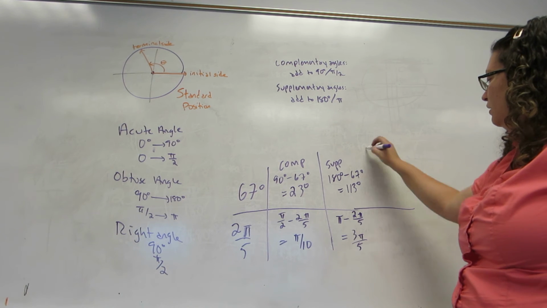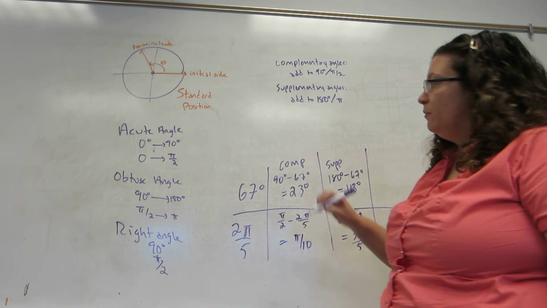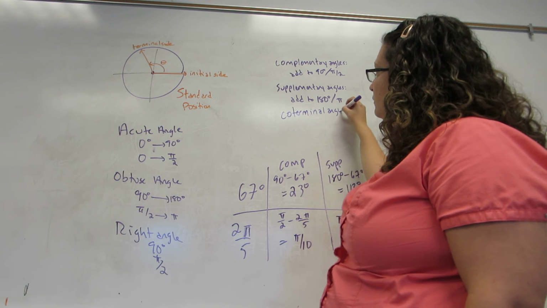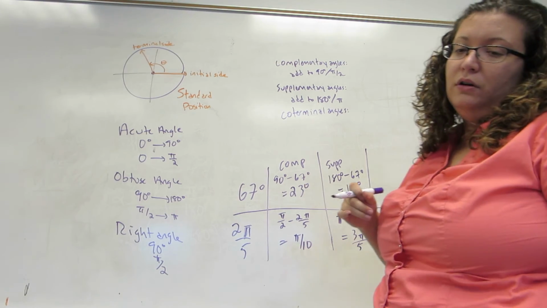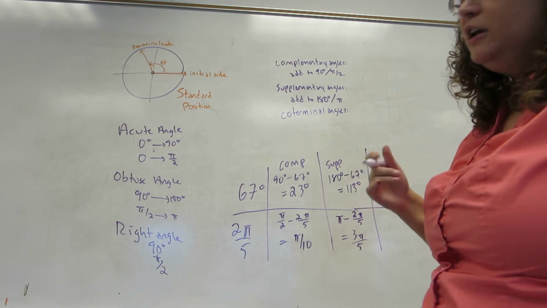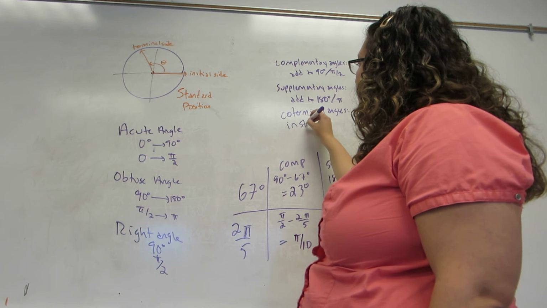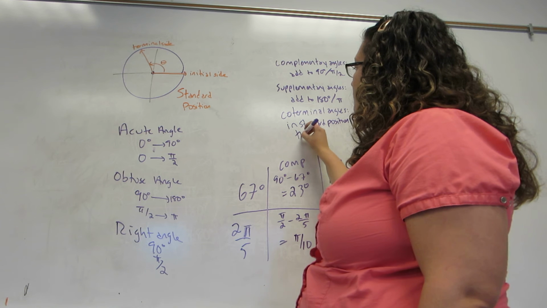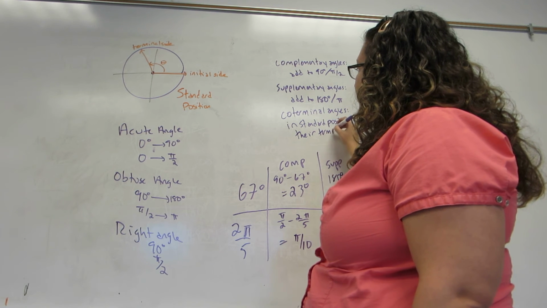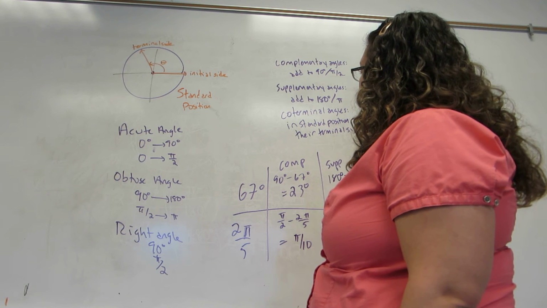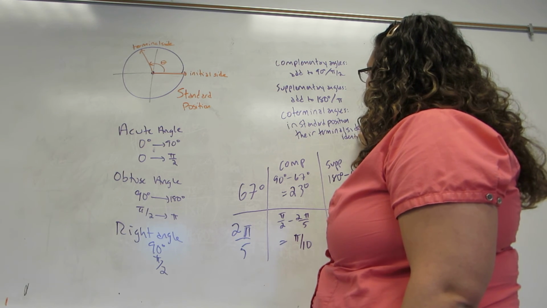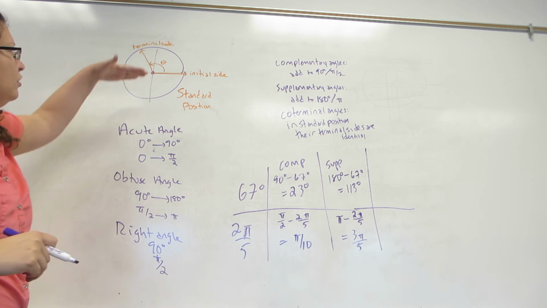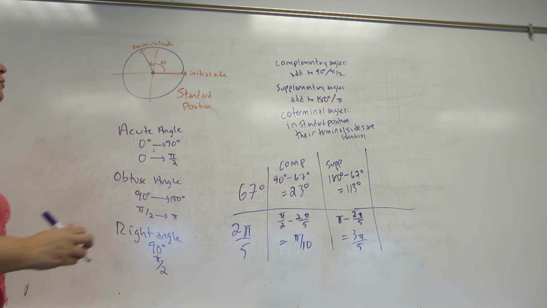There's one other class of angles that I want to talk about, and that is coterminal angles. Okay. Now, coterminal angles are angles that, in standard position, have identical terminal sides. So, consider, for example, the one I already have drawn up here, this angle with initial side in standard position and then terminal side.